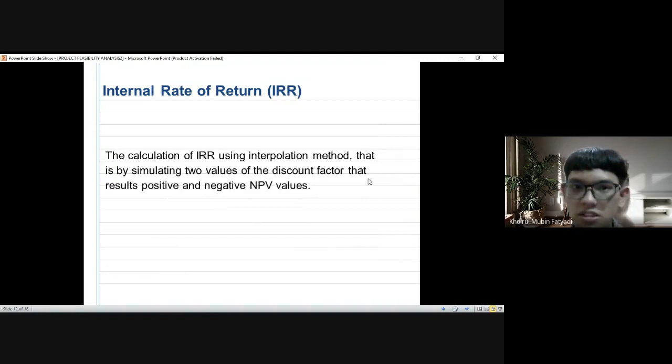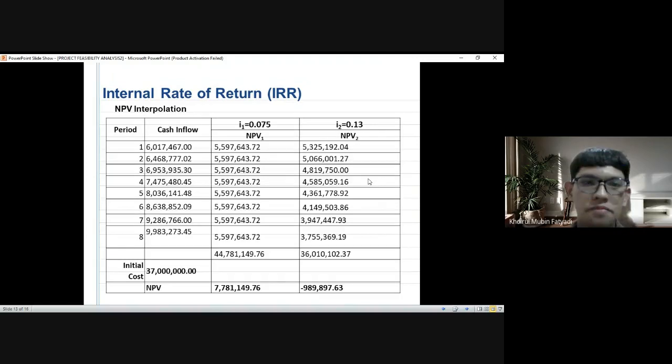Okay, this is the calculation. The calculation of IRR using the interpolation method is by simulating two values of the discount factor that result in positive and negative NPV values. This is the table of calculation NPV interpolation.